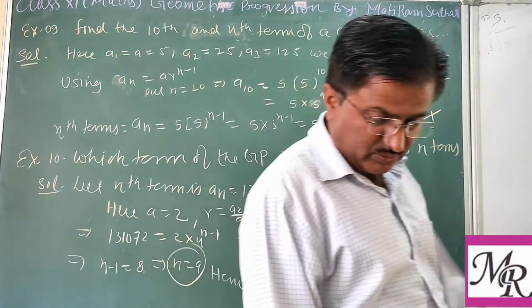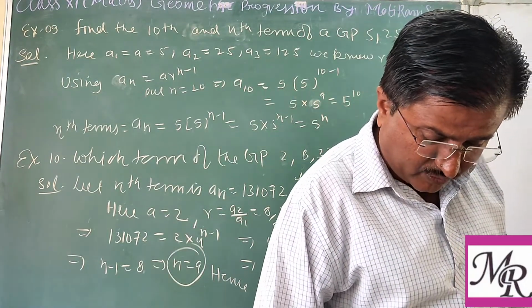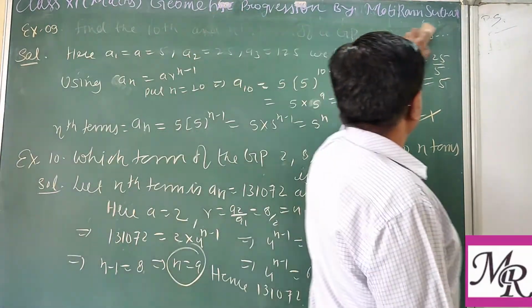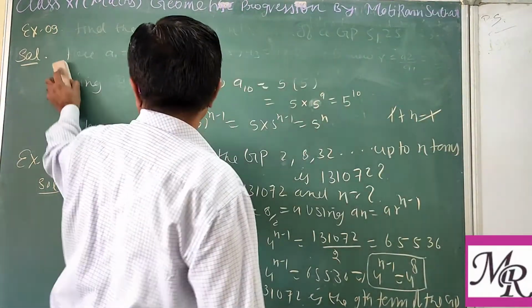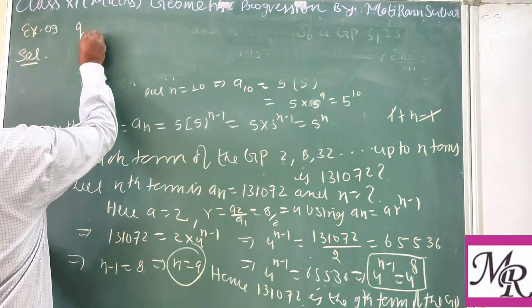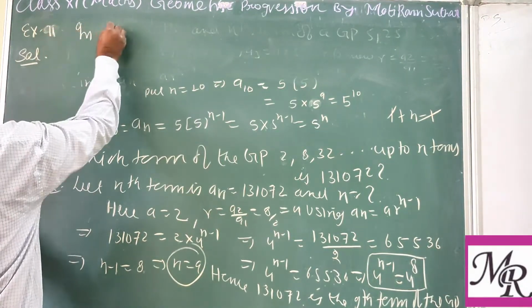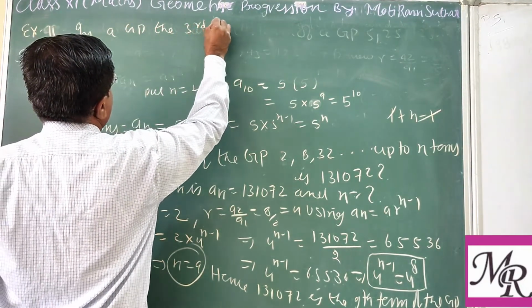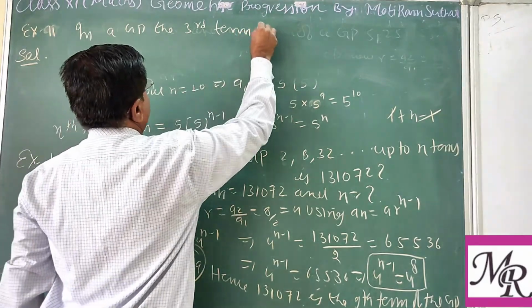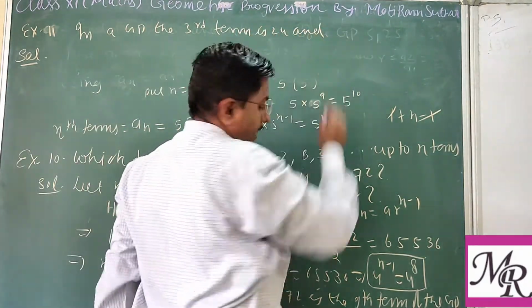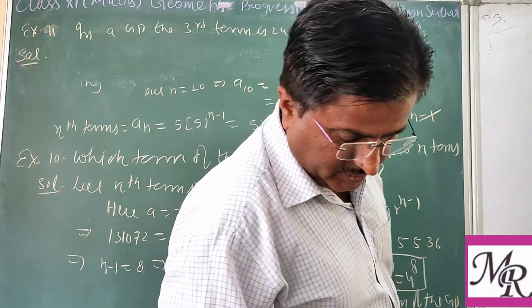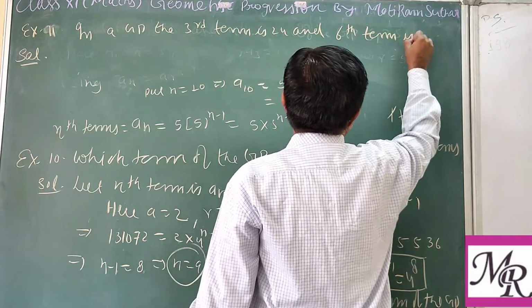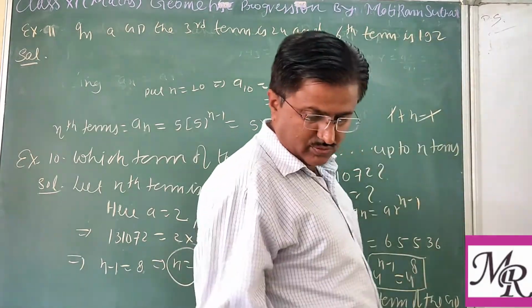Now similarly next one. Next example, one more we write. In a GP, the third term is 24 and the sixth term is 192.